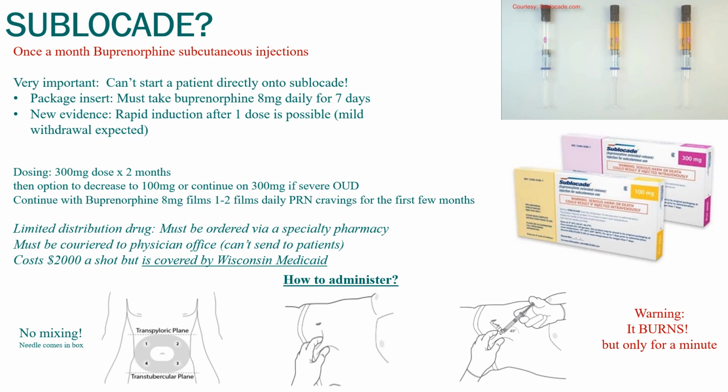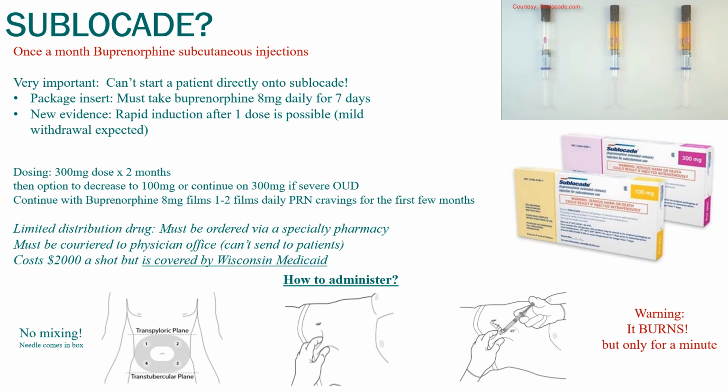The reason why you can't have a patient pick it up and deliver it to your office is that it comes in a readily filled syringe with a needle. And if a patient were to administer this intravenously, which we know patients with opioid use disorder have done in the past quite successfully, it would kill them because they would get an embolus and it would go to their brain and they could die. So it must be administered subcutaneously.